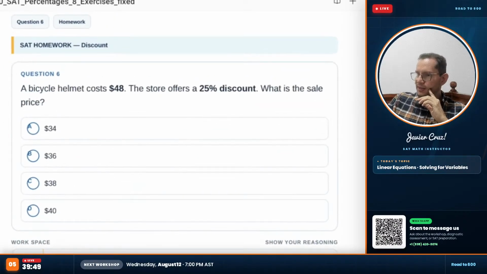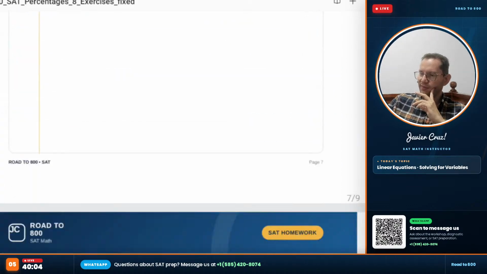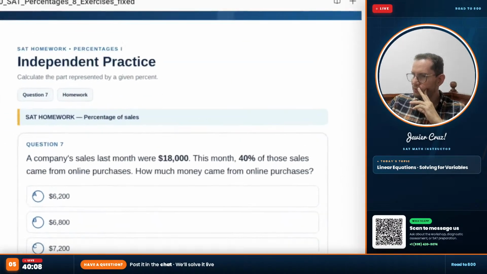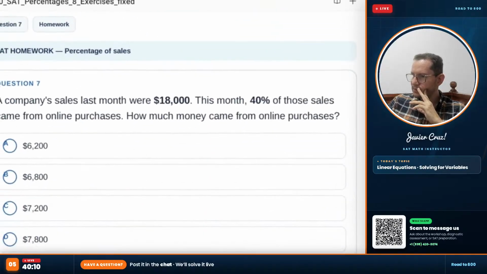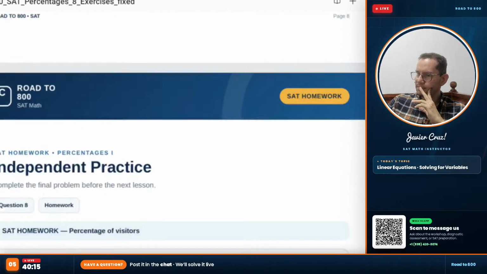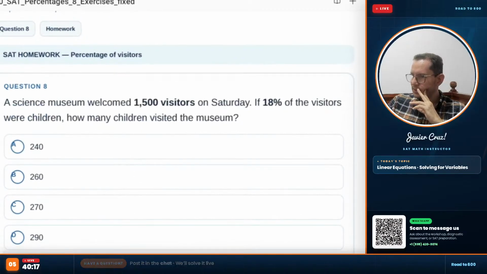And here, a bicycle costs $48, and a 25% discount. We thought about the 25% discount. Try to solve it, right? And we have more independent practice here. Yeah, this problem, and finally this one, right?